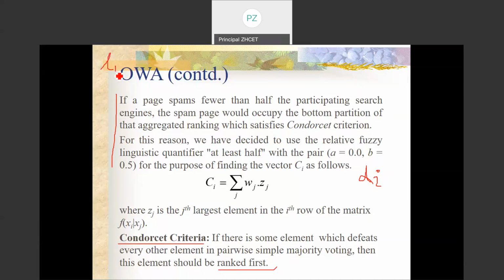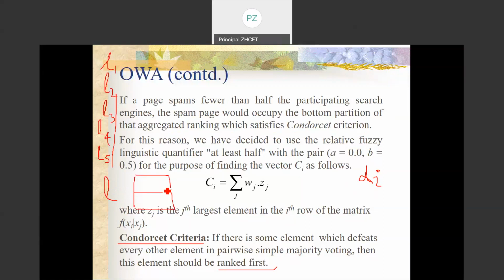Suppose I have L1 coming from search engine 1, L2 coming from search engine 2, L3 coming from search engine 3, L4 from search engine 4, and L, right? Now, if a page is able to influence or spam only less than half of them, then this aggregated list will have that particular page in the bottom half.